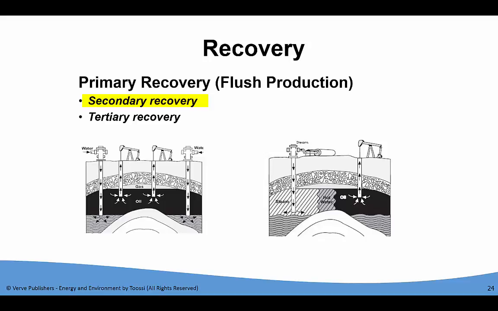We can pump water through the abandoned oil wells, we can pump gas, or something else that can raise the pressure inside the reservoir again, causing the oil to flow by itself. So it's more costly, but still very doable. Again, another 20-30% of the oil, depending on the oil field, can be recovered from the secondary method.